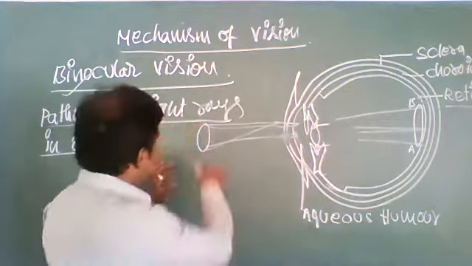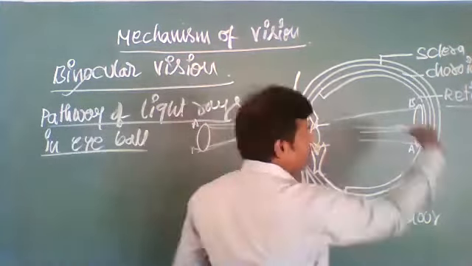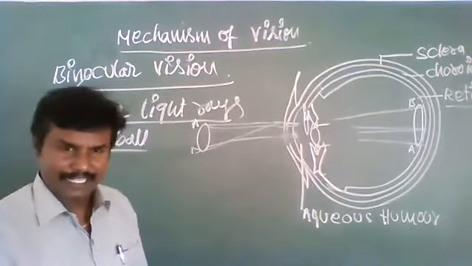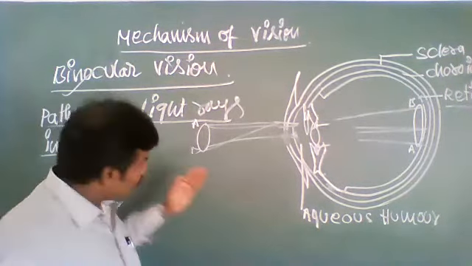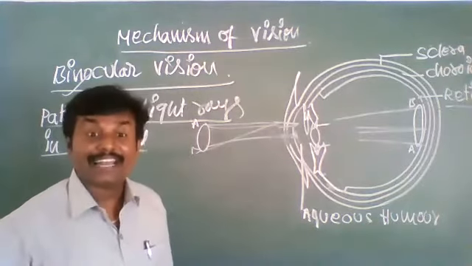This is already shown. It is A, it is B, inverted position. The image of the object goes into the eye in the form of light rays.